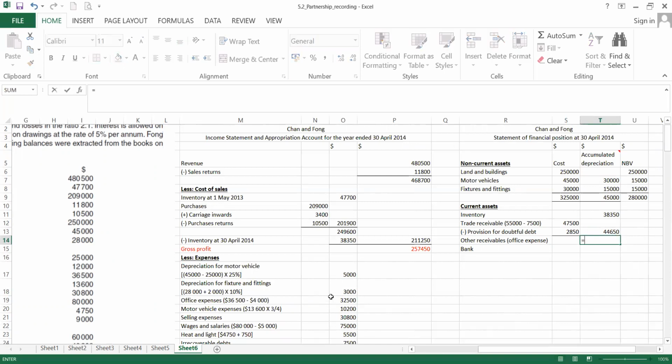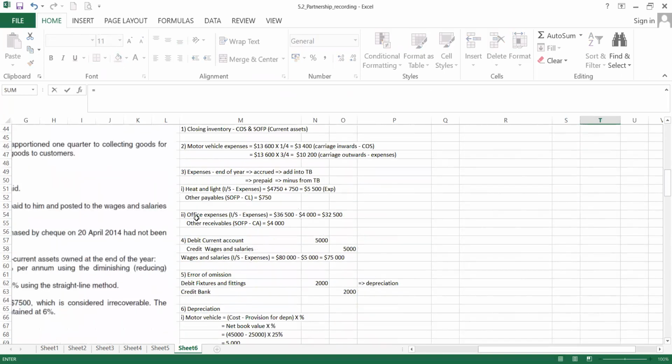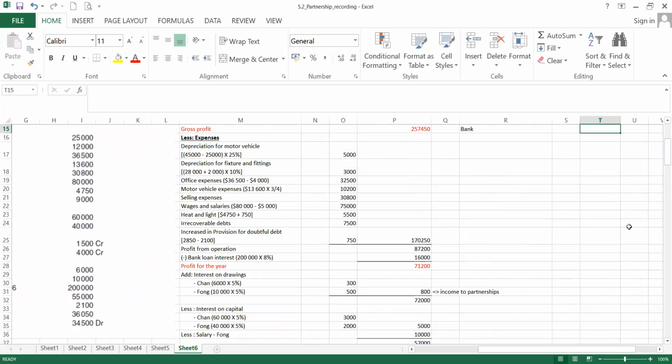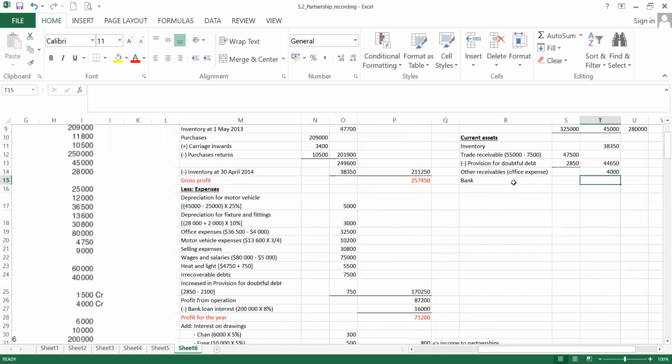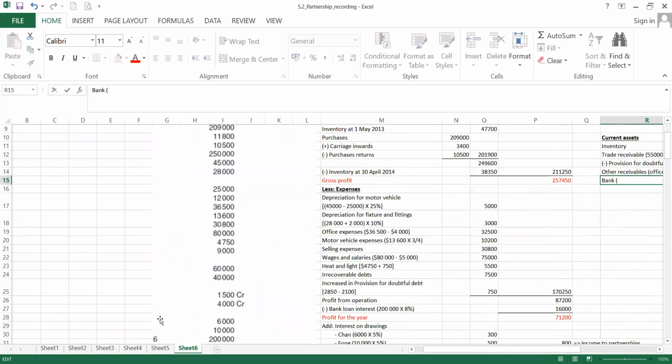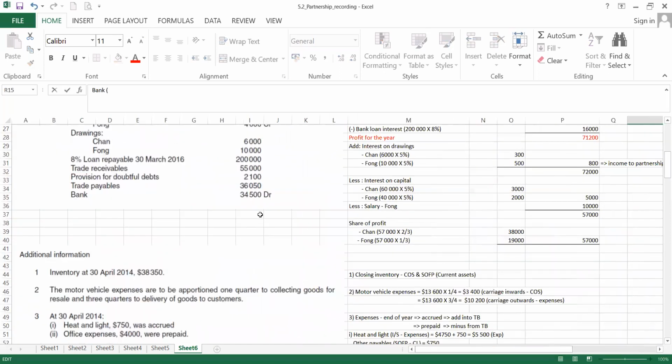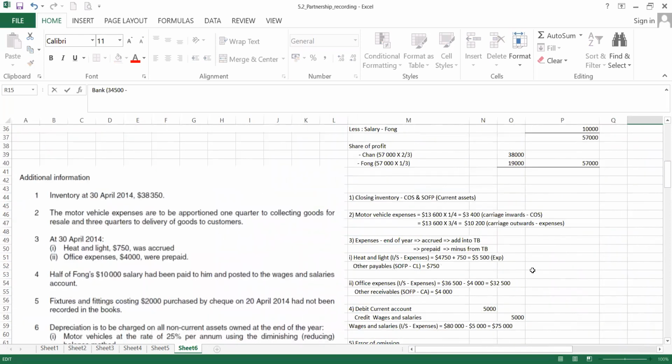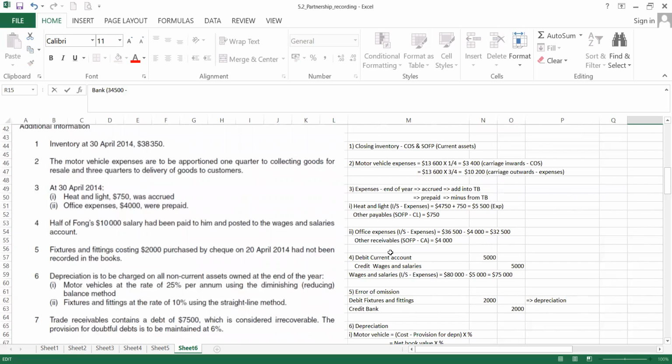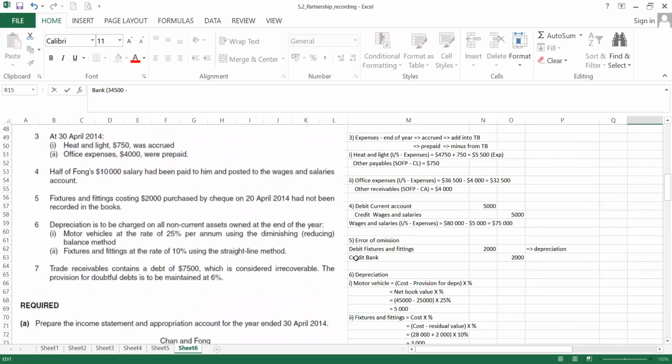Other receivable. In this question, other receivable is only one, which is the prepaid for the office expenses, 4,000. And next is the bank. Our bank amount in the trial balance is 34,500. And don't forget in the additional information, number 4 and number 5, they say that the omission, this one credit bank, means we have to minus 2,000.